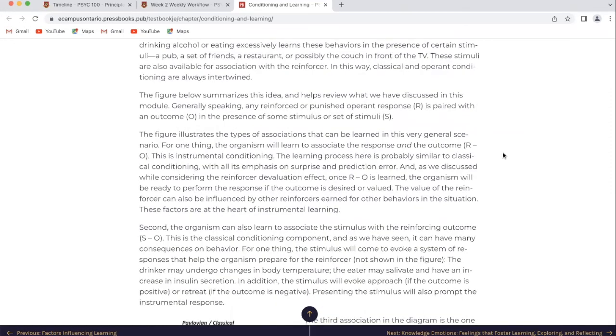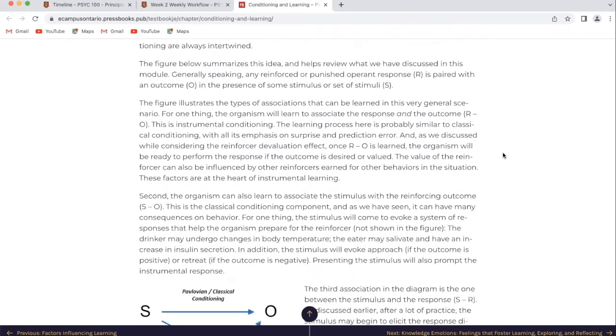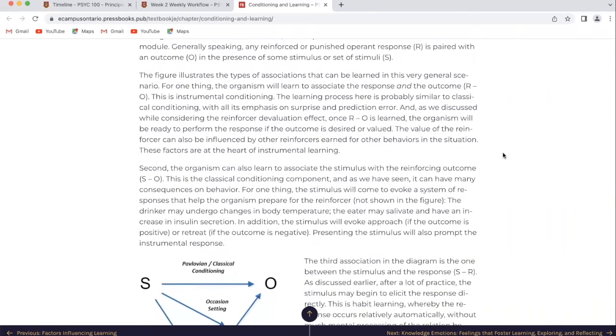Generally speaking, any reinforced or punished operant response is paired with an outcome in the presence of some stimulus or set of stimuli. There is a figure online here that I'm going to try and describe for you. The figure illustrates the types of associations that can be learned in this very general scenario.